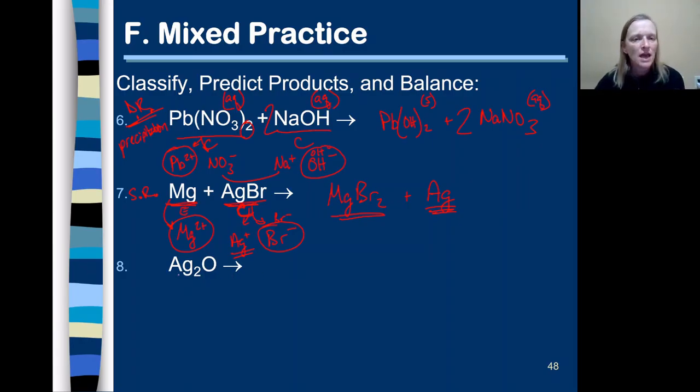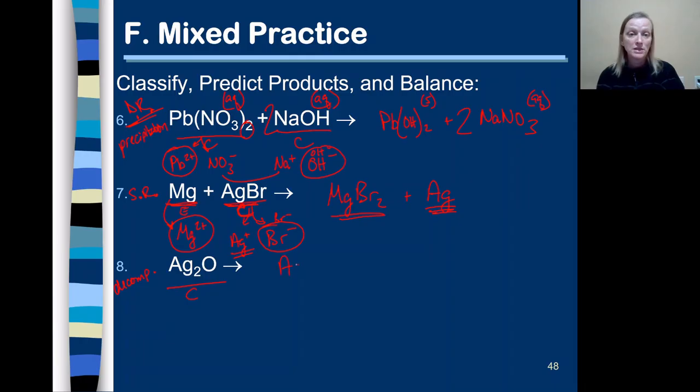Example 8. We start with silver oxide. Silver oxide is just one substance as my reactant. It is a compound. So if you start with a compound as your reactant, this should be a decomposition reaction. With decomposition reactions, if I'm asking you to predict products at the Chem 1 level, I'm just going to have you separate this compound into its elements.